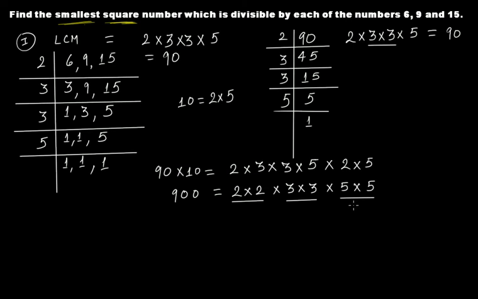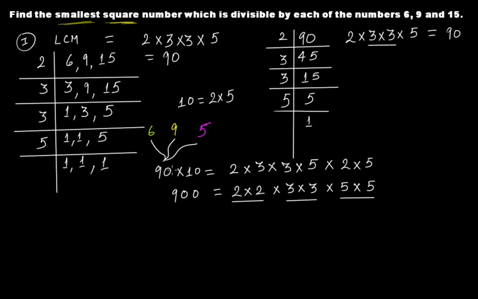But what's the important thing? The important thing is, since 90 was divisible by 6, by 9 and by 5, 90 was the least common multiple of 6, 9 and 5. It means that 6 is a factor of 90, 9 is a factor of 90 and 5 is a factor of 90.